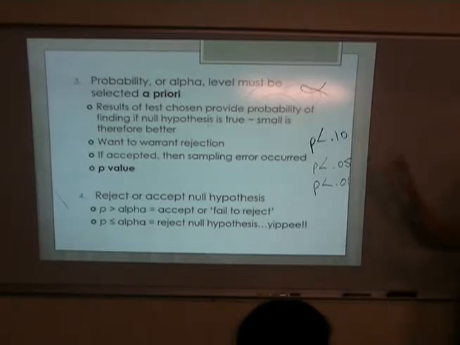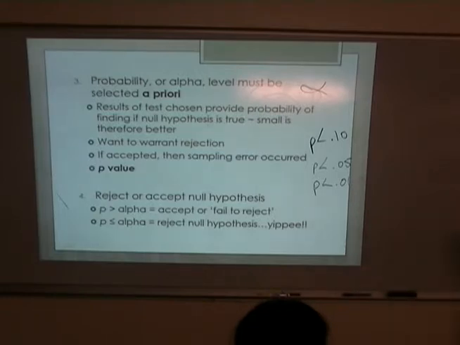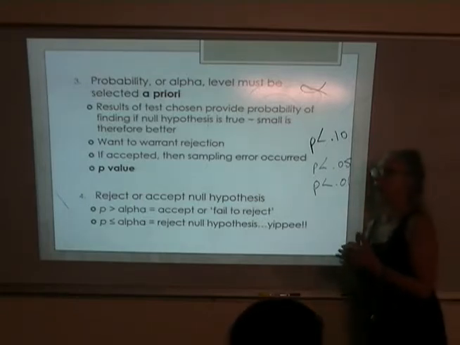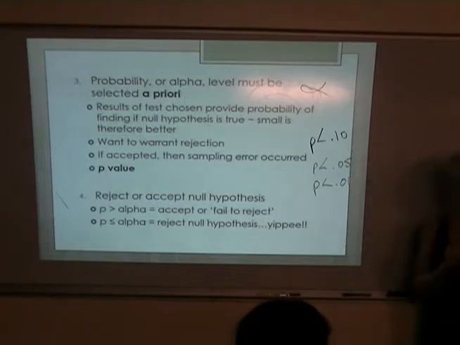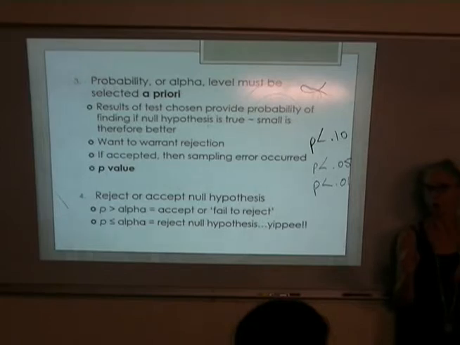The easiest way to explain it is if you make it about drugs, okay? So let's say I am testing a new drug and I set p at 0.1. That means I have a 10% chance of being wrong. Right?